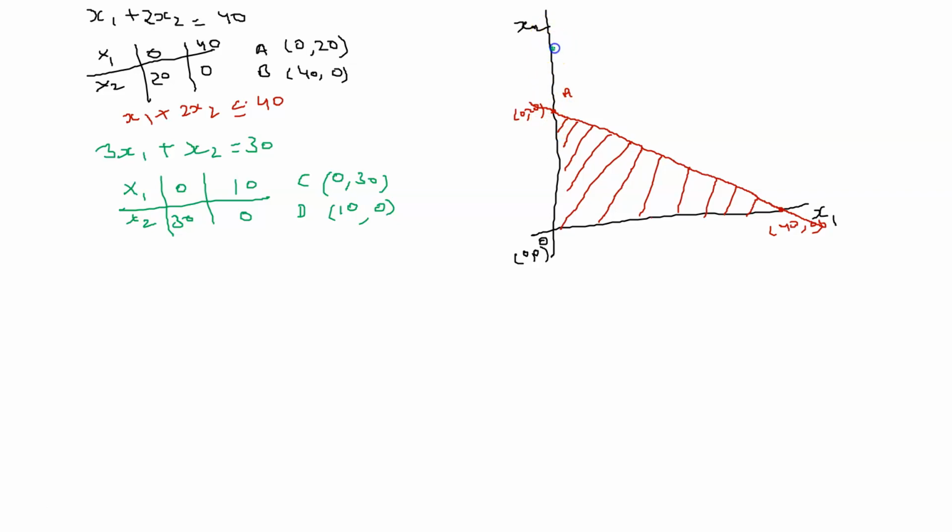This is point C, which has coordinates 0, 30, and let's take point D. D has the coordinates 10, 0, and this is the point D. Let's join these 2 points and make the line. So this is the line.